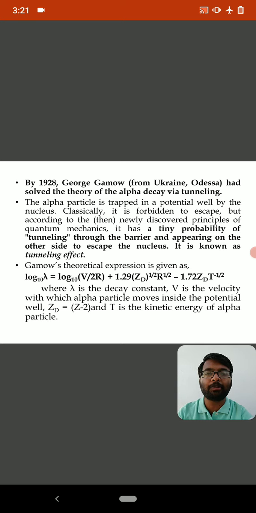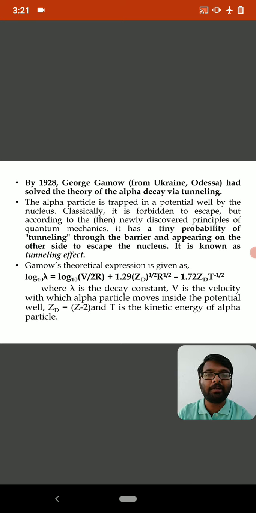In this expression, lambda is the decay constant and V is the velocity with which the alpha particle moves inside the potential well. ZD is the atomic number of the daughter nucleus, that is Z minus 2, because atomic number 2 has been transferred to the alpha particle, and T is the kinetic energy of the alpha particle.